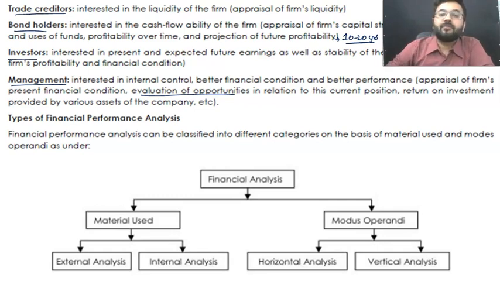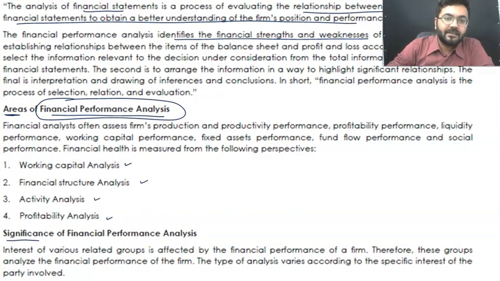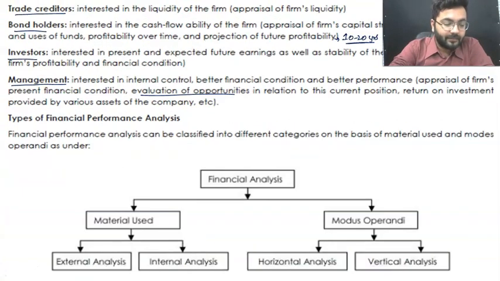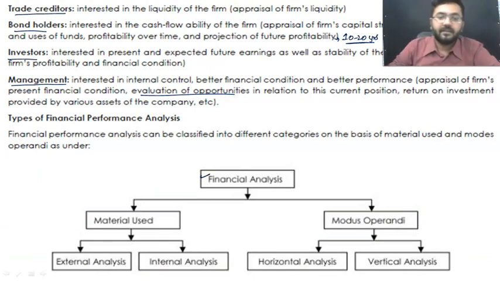Now the types of financial performance analysis. So see, over here we were talking about the various areas. Now we have types. What are the various types? If I talk about a particular financial analysis which is being carried out, that has been categorized into various categories. The very first is on the basis of the materials which are being used, and the next is modus operandi.